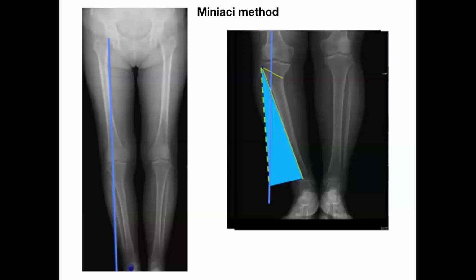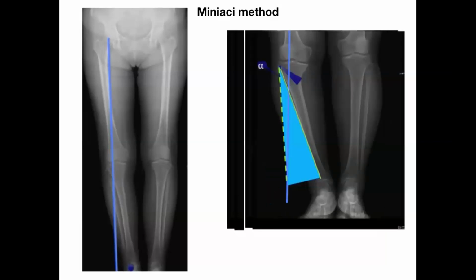From the hinge point to the correction point gives the correction of the knee angle. This angle is called the alpha angle. The angle measured should be corrected by a medial opening wedge osteotomy, done on the medial aspect. The blue line in the diagram shows the point where the osteotomy should be done on the medial aspect.